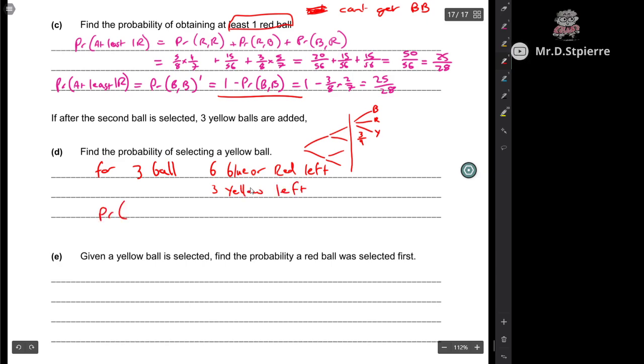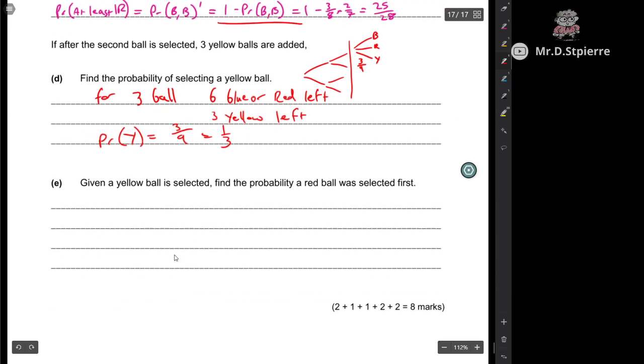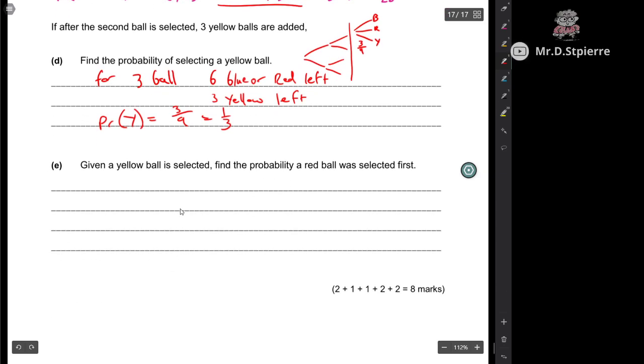Therefore, the probability of yellow is equal to 3 out of the 9 total balls, which is equal to 1/3. Given a yellow ball is selected, find the probability a red ball was selected first.